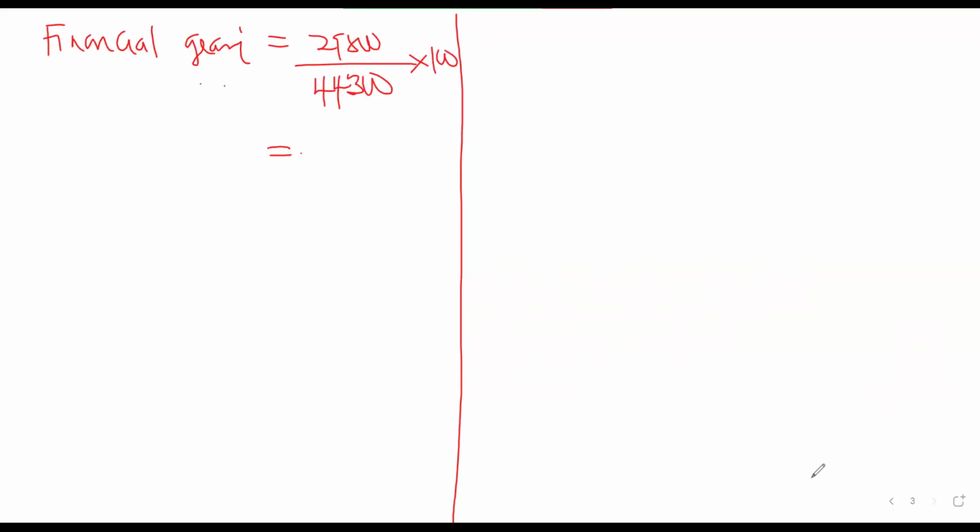What are we having? 67.27. Okay, let's come to the last option, which is issued through a rights issue.